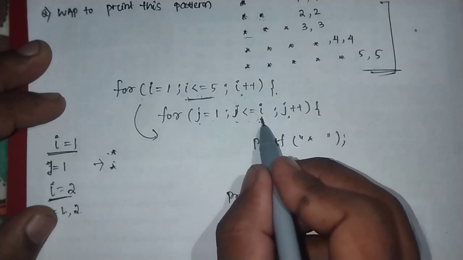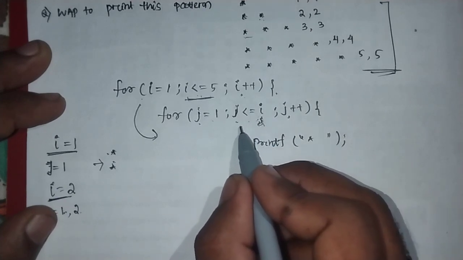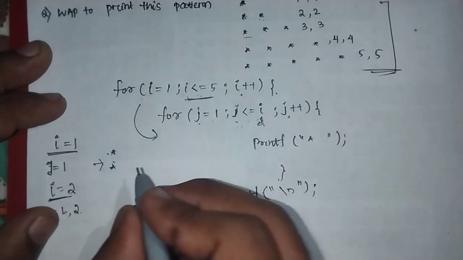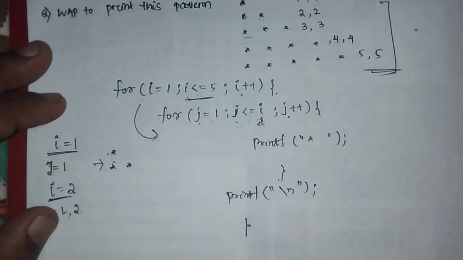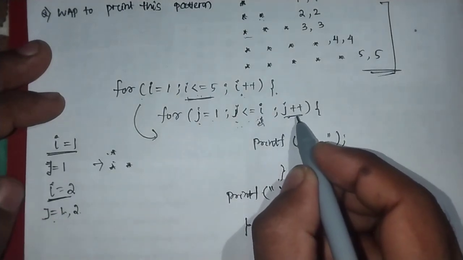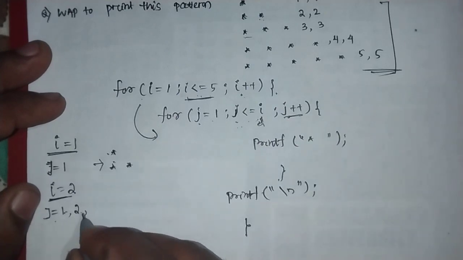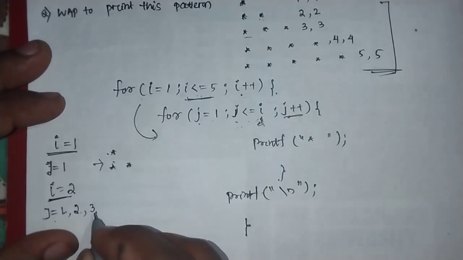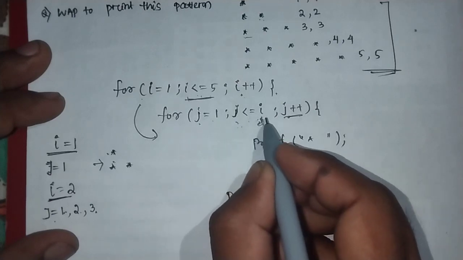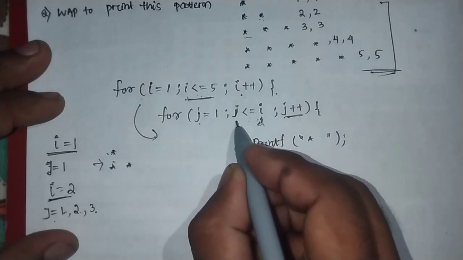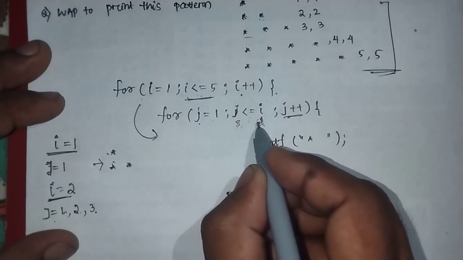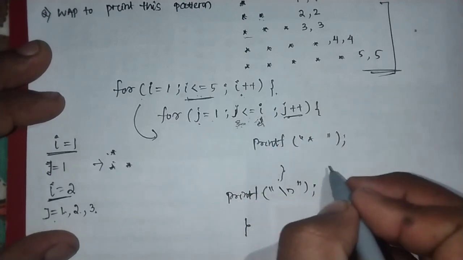Now the value of i is 2. Yes, the condition is satisfied, so it will print a star. Again 1 star. Then the incrementation will be done. Now the value of j will be 3. It will check whether the value of j is less than or equal to i or not. No, 3 is not less than or equal to 2, so it will terminate.